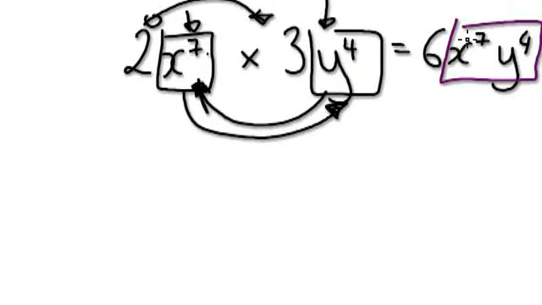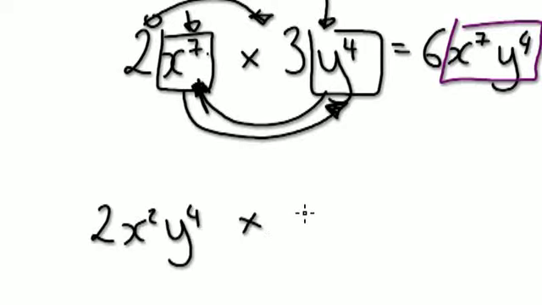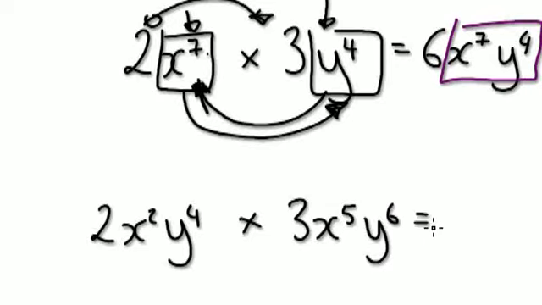Okay. So if I ask you now, what's 2x squared y to the power 4 times 3x to the power of 5 y to the power of 6? What does that become? Well, I'm just going to multiply everything together. Remember, I'm not adding. I'm multiplying. So I don't really care.